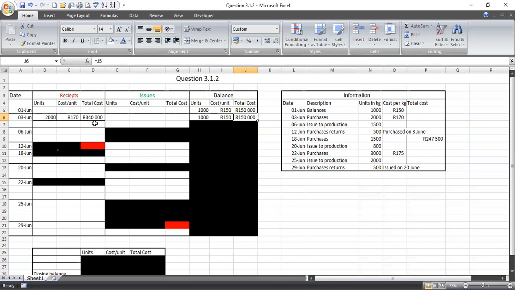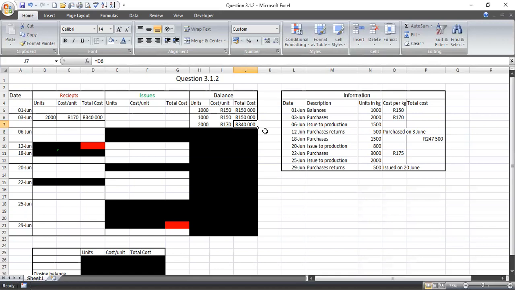So over on the 3rd of June, we have a balance of 1,000 units and also a balance of 2,000 units at a cost of 170 and at a total cost of 340,000. So guys, how do we get the total cost? We get the total cost by taking the units and multiplying them by the cost per unit. This will apply in all of our transactions that we do in this activity.